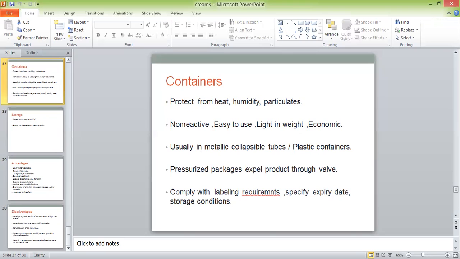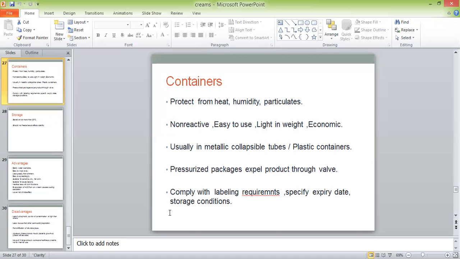These containers should comply with the labeling requirements which have been mentioned for this particular product. They should specify the expiry date on the container. They should also specify the storage conditions. The label should disclose that creams should be stored in a cool, dark place.